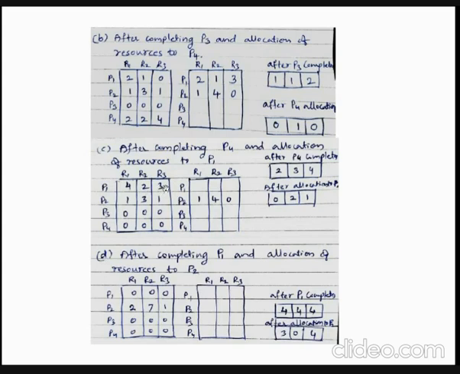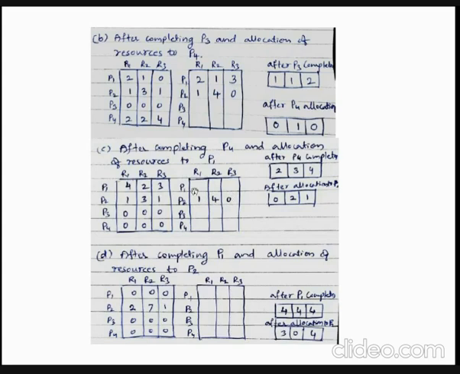So now the allocated resource matrix will be updated as, we assume that P1 has completed its execution, P3 has completed its execution, and similarly P4 has completed its execution. Now we are left with only process P2. So for P2, the requested resources are 1, 4, 0, right?